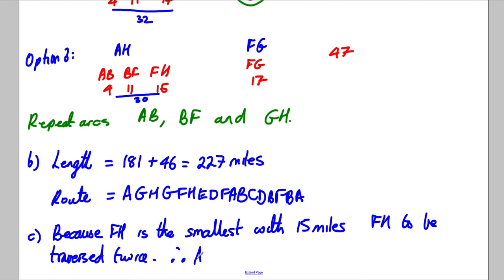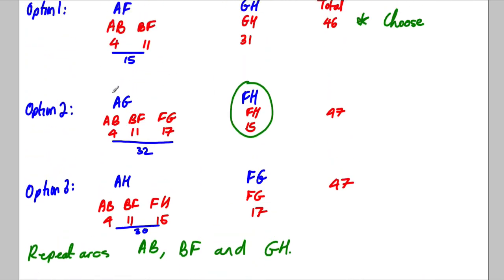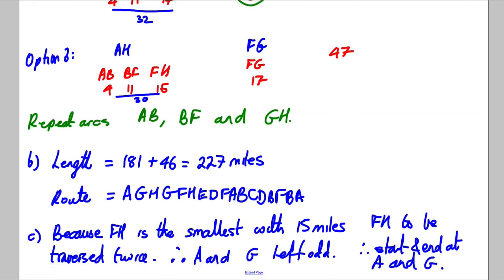Therefore, A and G left odd. Therefore, start and end at A and G. And we're done then. Obviously we could have said the same thing here. We could have said make A and F retraverse AB and BF, and that would have left G and H odd. So it doesn't matter. Either one of those would have been the right answer.